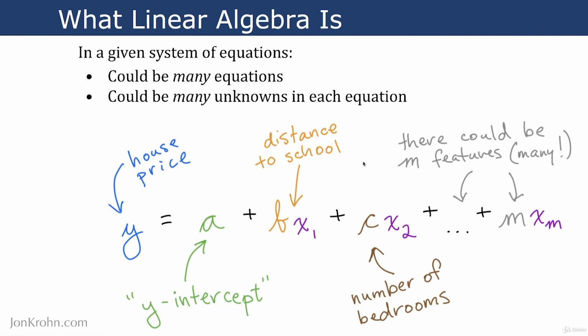So here we have many unknowns, and we could have effectively unlimited rows, where every time we get a house price and collect the pertinent information associated with that house price, like distance to school, number of bedrooms, and so on, that's another row for our system of equations.